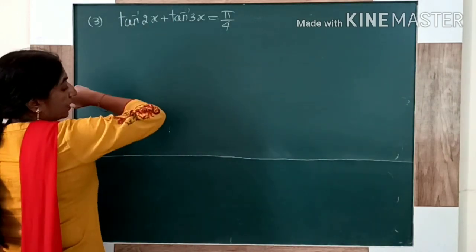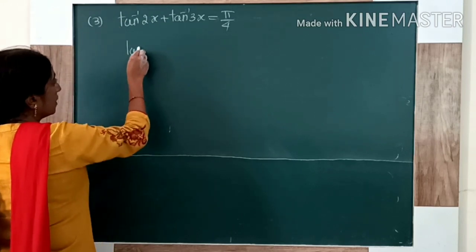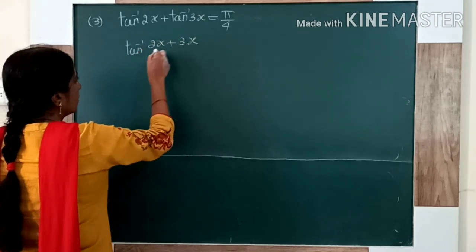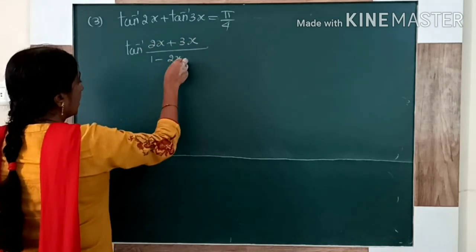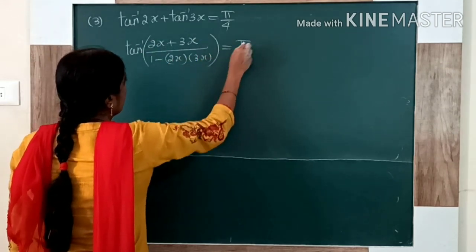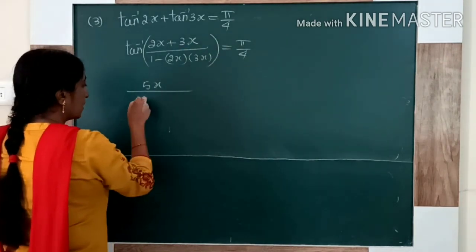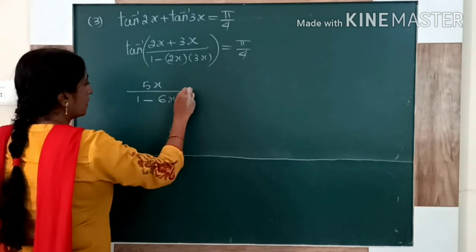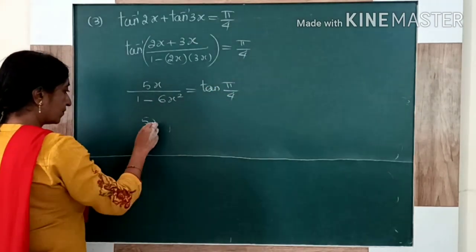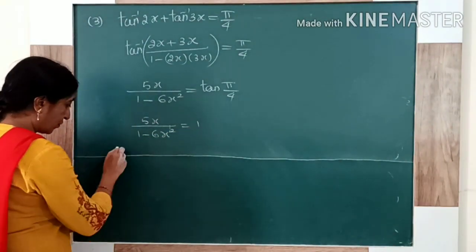After writing them, it is in the form of tan inverse x plus tan inverse y. Apply that formula: tan inverse of (x plus y) upon (1 minus xy). Take tan inverse to that side. It is 5x upon 1 minus 6x square is equal to tan pi by 4. Tan 45 is 1.